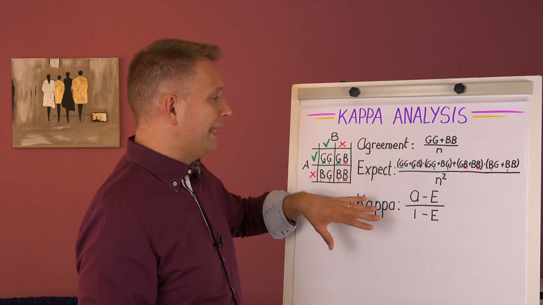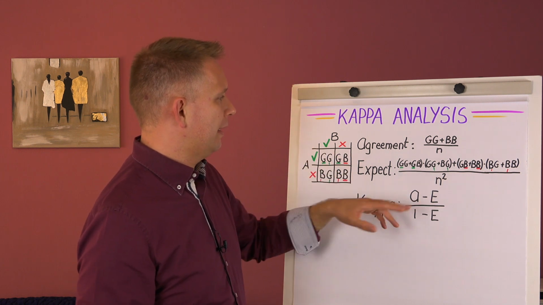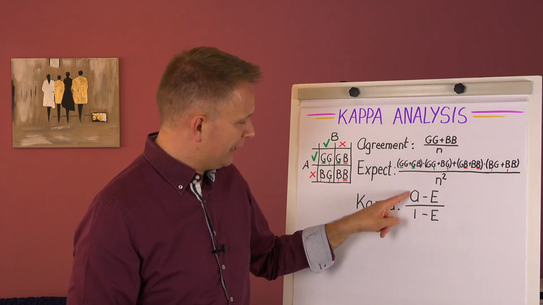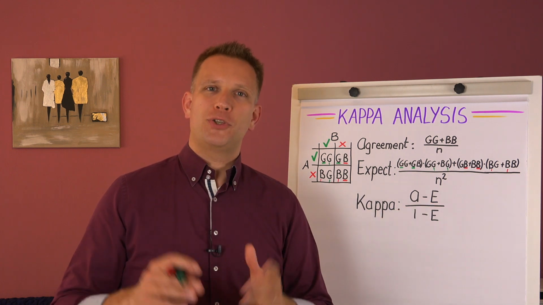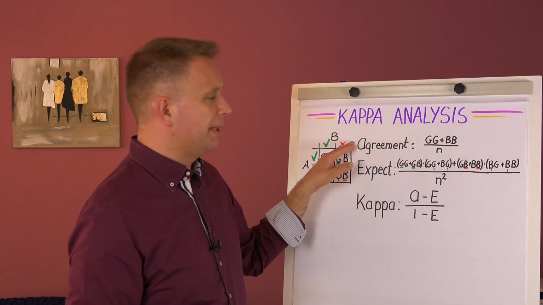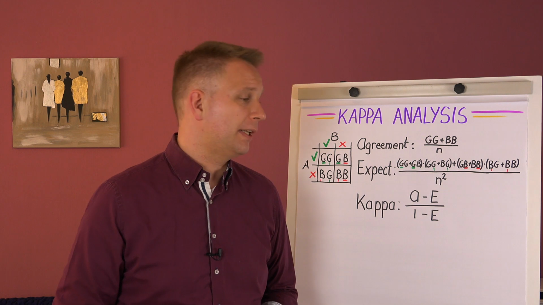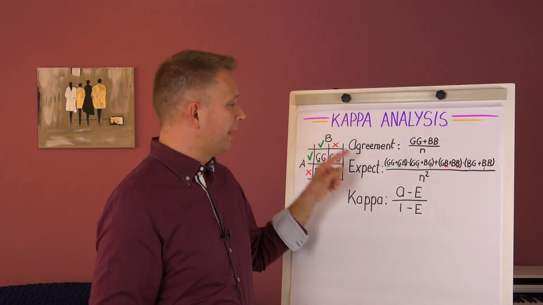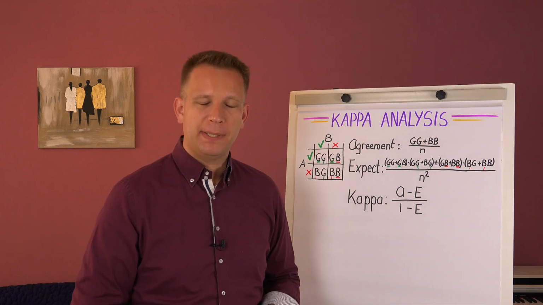And that means that if the expected value is lower than the observed agreement, so this one's big, that one's low, we will get a positive number. But if the observed agreement is lower than what we expected, we'll get a negative number. It is basically even worse than random chance. If they are the same, that is sort of the definition of they just picked it randomly.